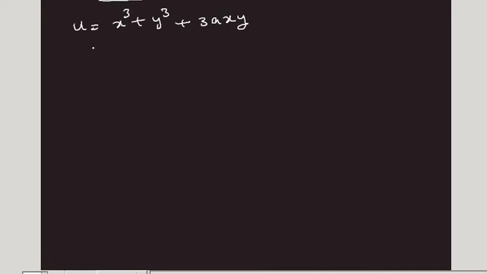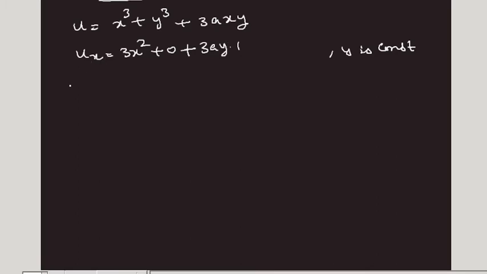Here I am differentiating with respect to x partially, y is constant. x cube differentiation is 3x square, y cube becomes 0, plus here 3ay, y is constant. We must differentiate only x, which is 1.